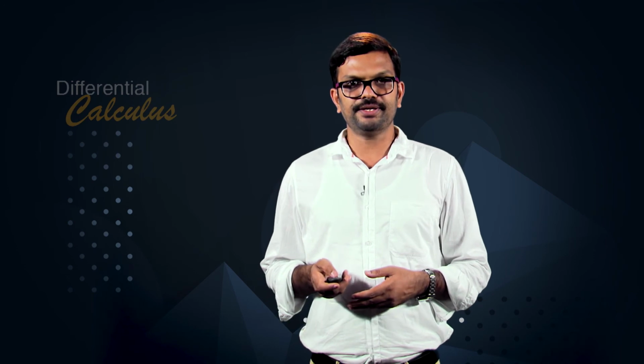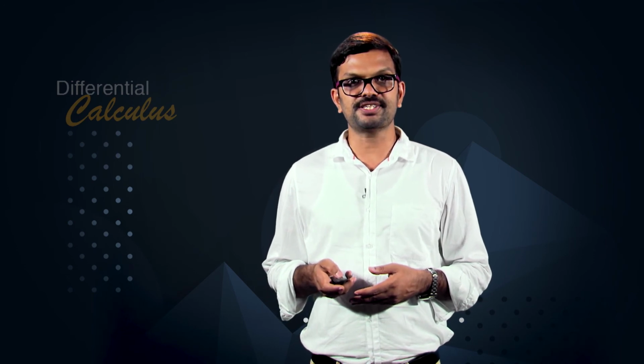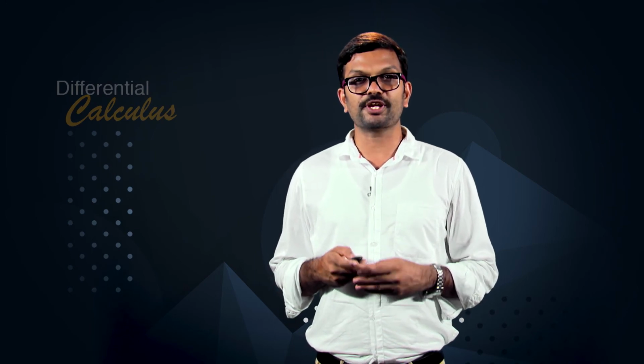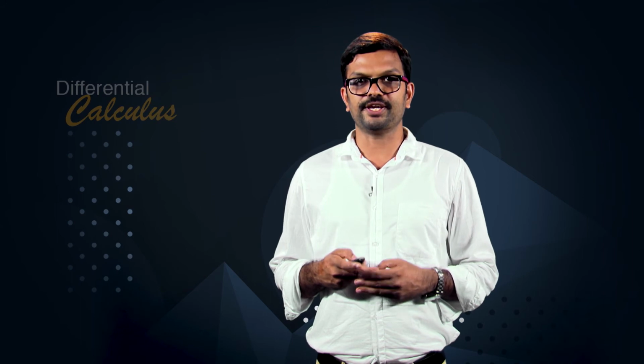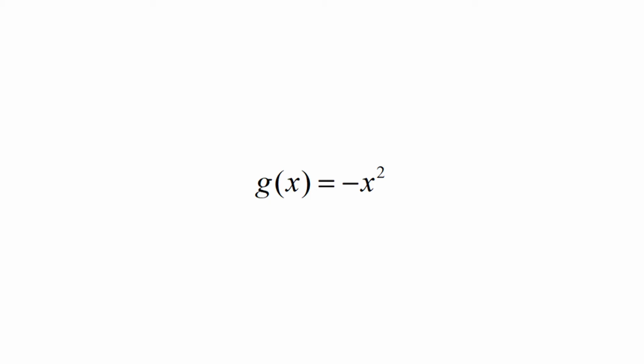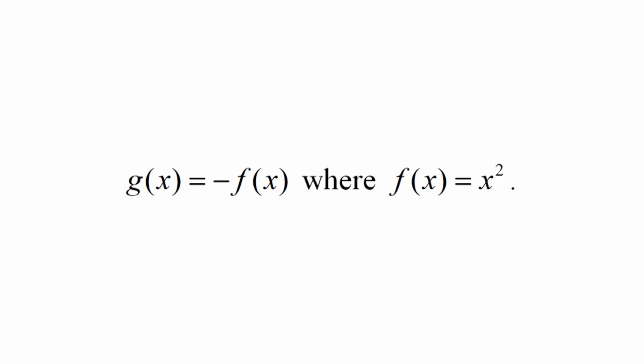This is justified by the second derivative test also, because f double dash of x equal to 2 is greater than 0 for any real value of x. Now, we consider the function g of x equal to minus x square. It can be seen that g of x equal to minus f of x, where f of x equal to x square.